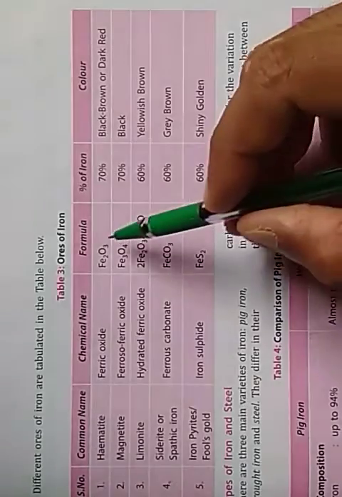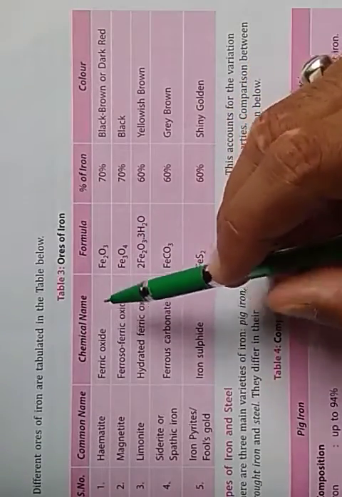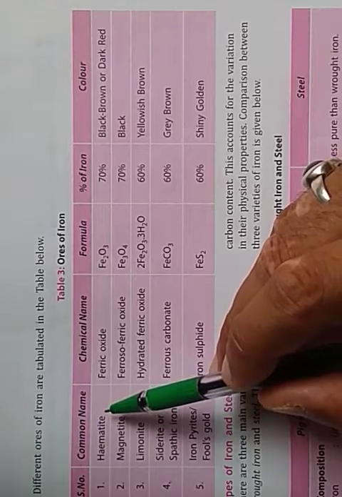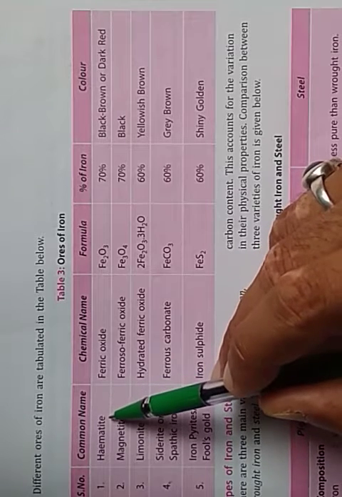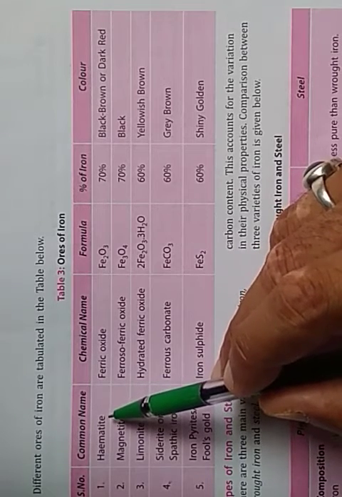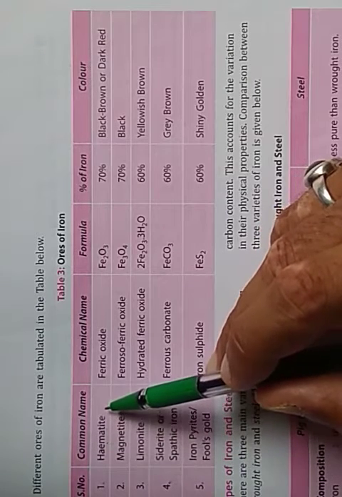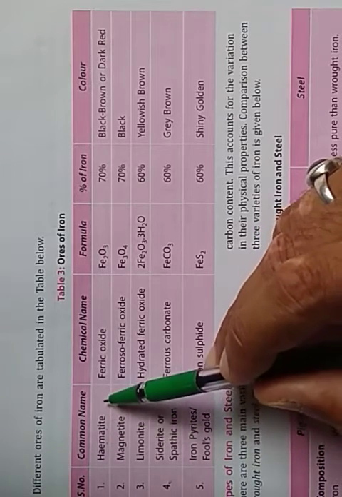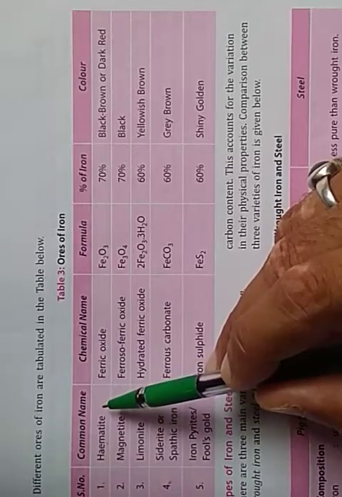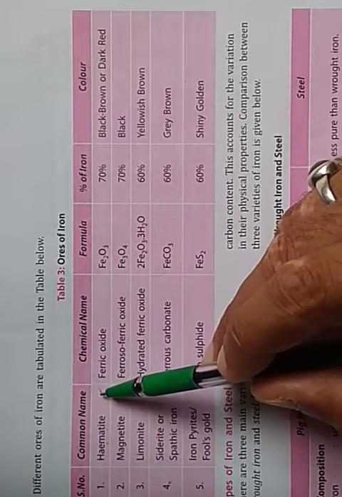Now, among these ores, iron is mainly extracted by the reduction process from the hematite ore. So hematite is the most common iron ore for the extraction of iron.